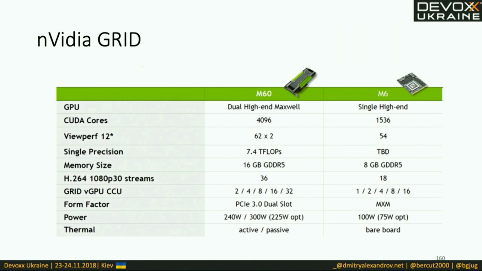So they have created several hardwares which can be chunked into virtual GPUs. As you see, for example, the M60 can be chunked into 32 virtual GPUs. That means we can easily run them in the clouds.